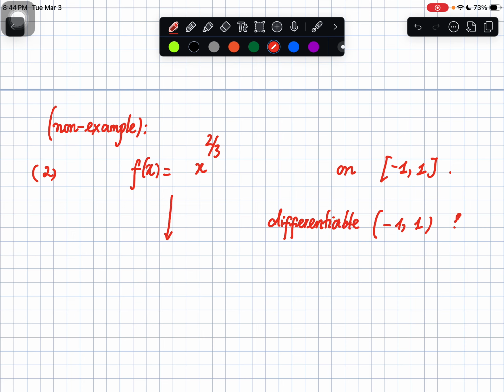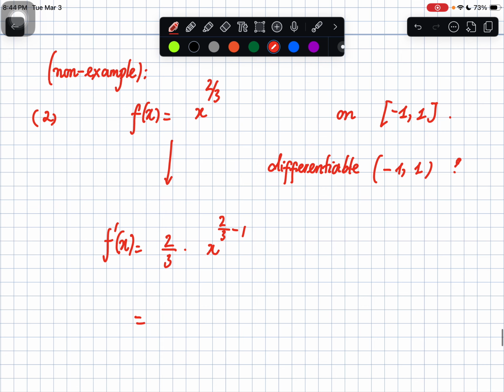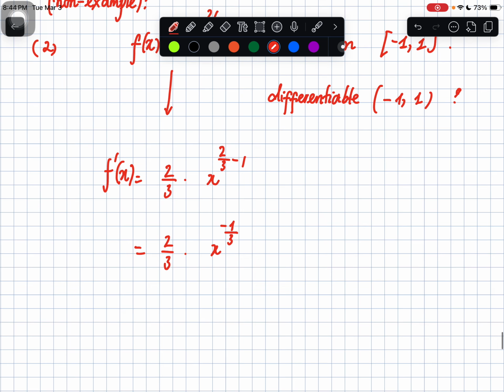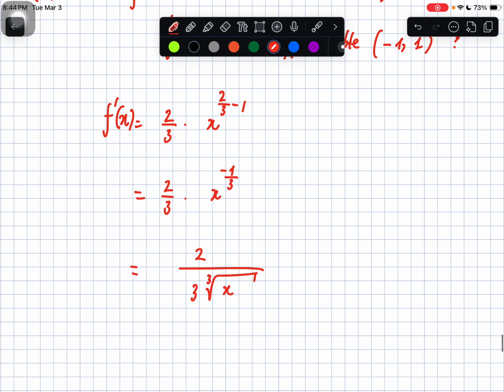So let's compute f prime of x, 2 over 3 x to the power 2 over 3 minus 1, which is 2 over 3 x to the power minus 1 over 3. So we write this as 2 over 3 times the cube root of x. So you see that this is only well defined for x non-zero.